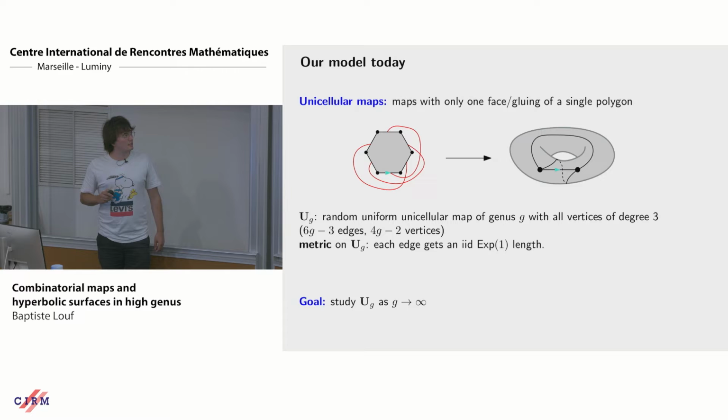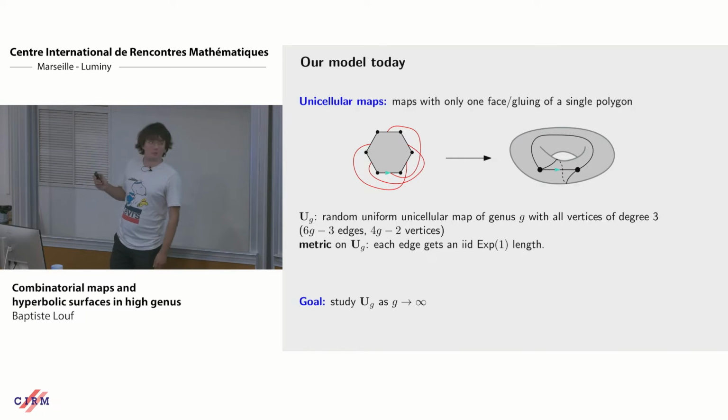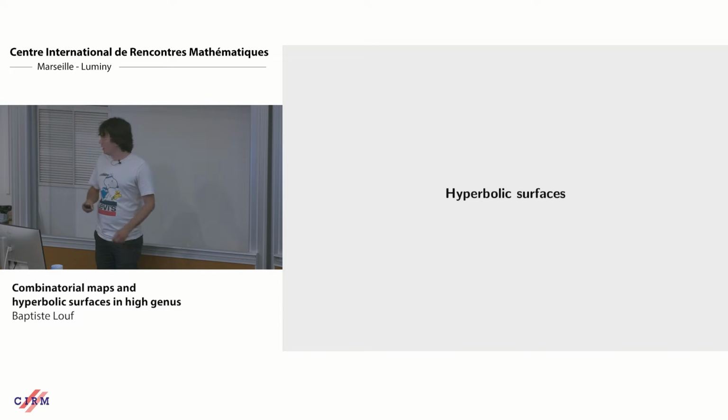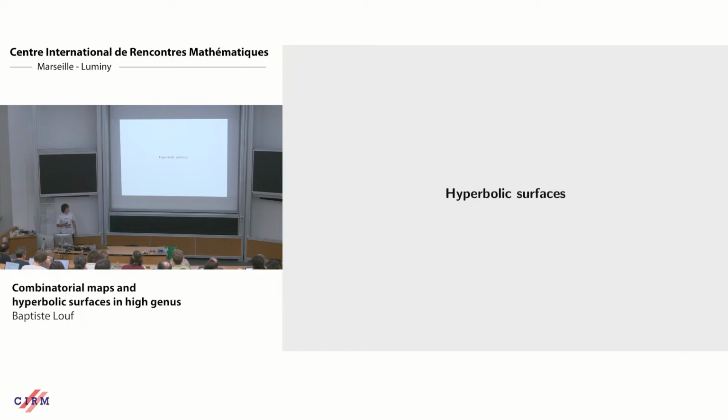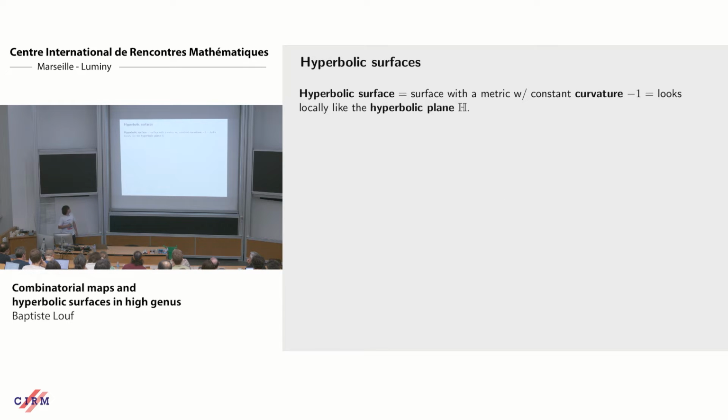All right, so our goal will be to study this model of random unicellular maps as the genus goes to infinity. We're getting back to it very soon, but I'm also going to introduce hyperbolic surfaces. Sorry for all of you who know about it much more than I do; I hope I will not say too many wrong things. A hyperbolic surface is just a surface that has a metric giving constant curvature minus 1.